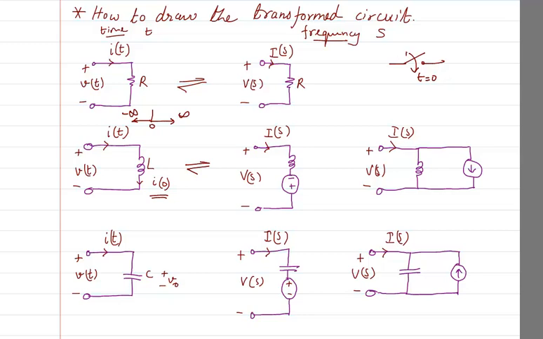That time I will take as t equal to 0, and before that, whatever was the condition is called the initial condition, and after t equal to 0, whatever is the situation is called the transient.